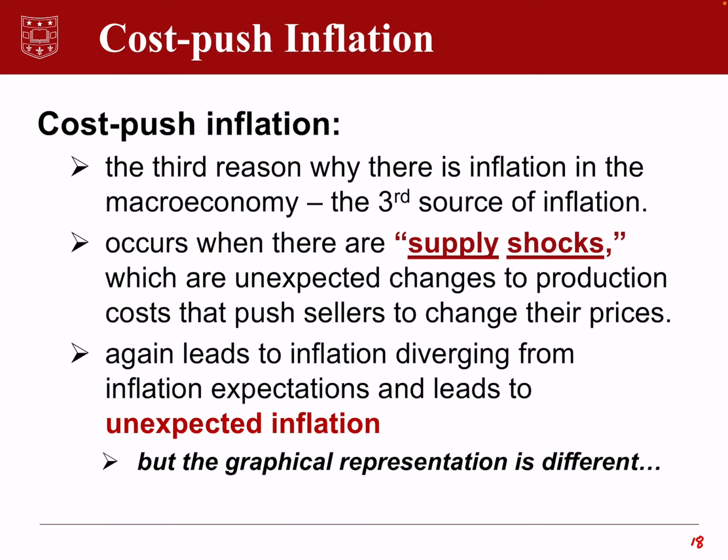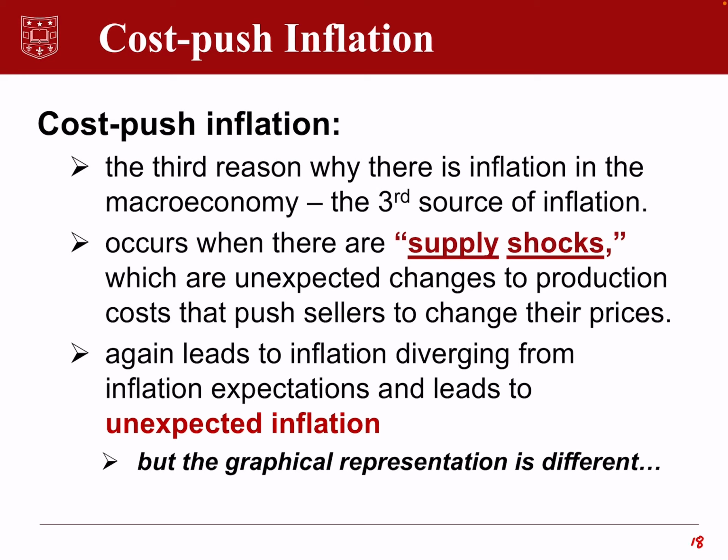So, what is cost push inflation? Cost push inflation, again, is the third reason why there's inflation in the macroeconomy. And it occurs when there are what we call in economics supply shocks. And supply shocks are unexpected changes to production costs that push sellers, of course, to change their prices.